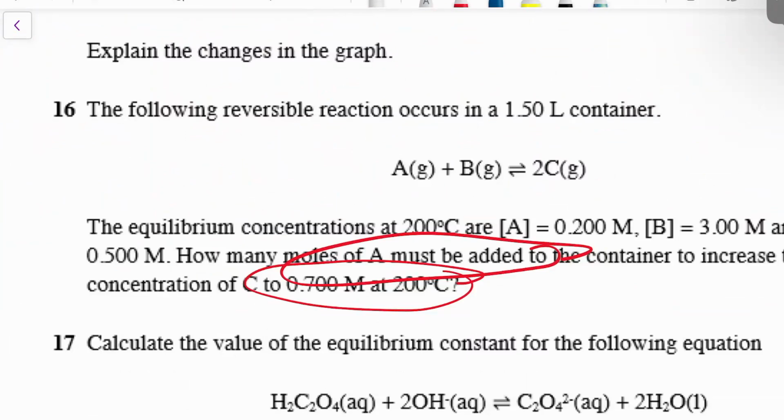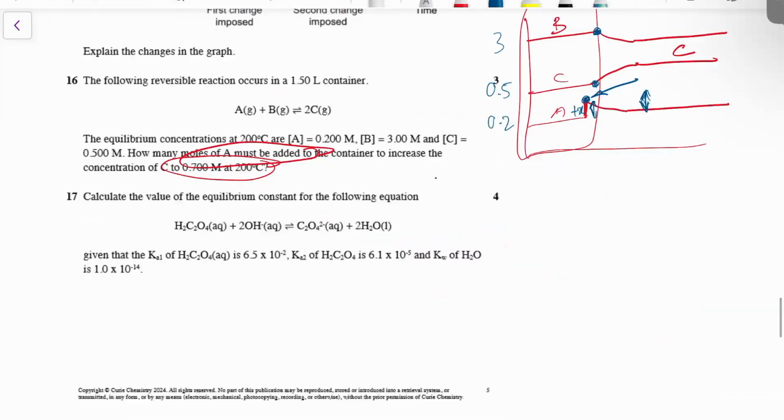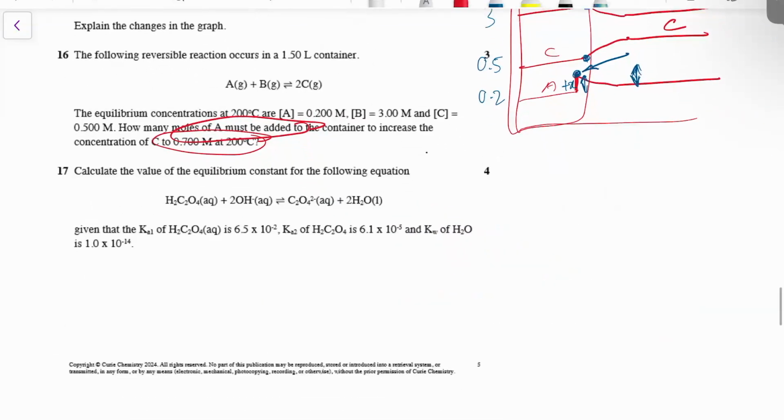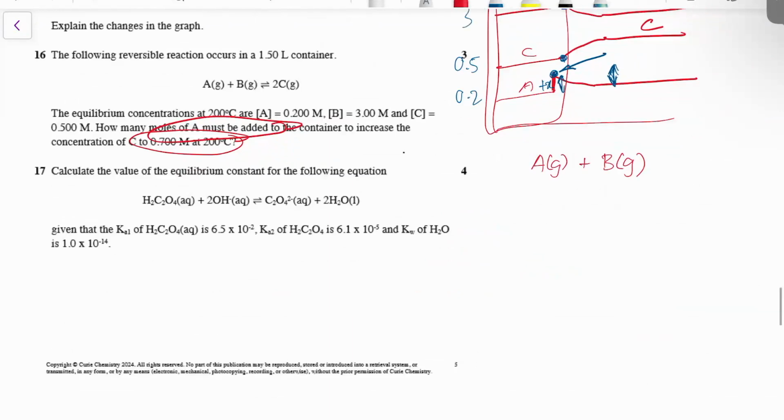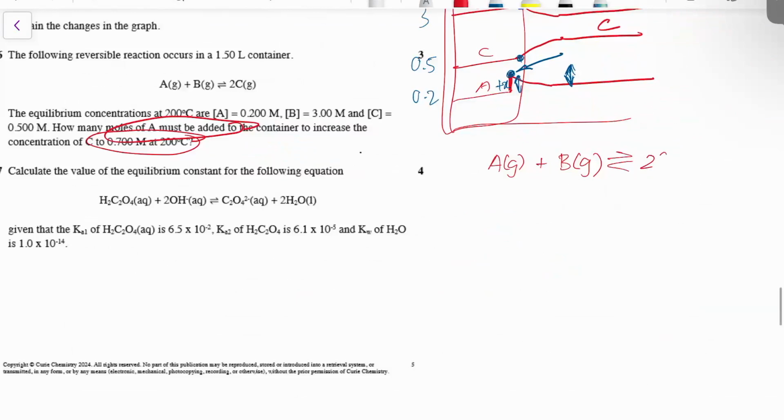That's not the change in the ice table. So you have Ag plus Bg turning into 2Cg. You have I, you have C, you have E.